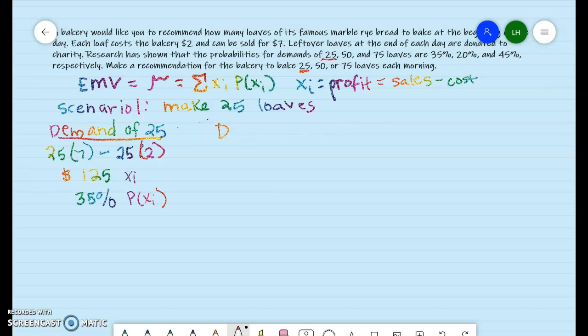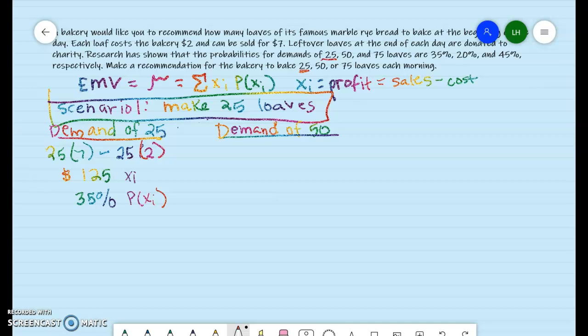Then if we're still in scenario 1, but what if we made 25 loaves and we had a demand of 50? In other words, 50 customers come in. So we only made 25, so we can only sell 25.